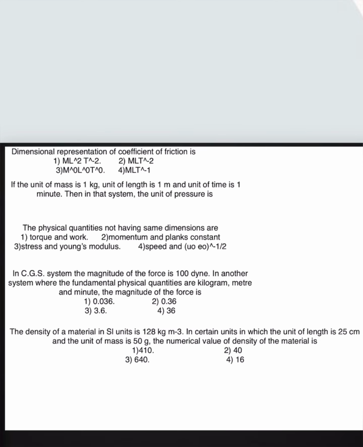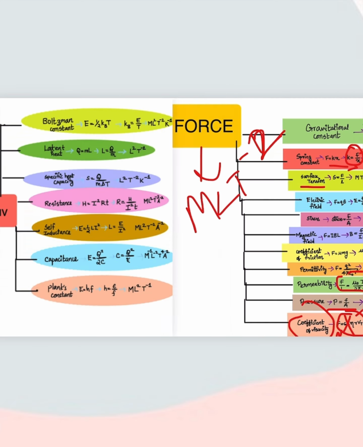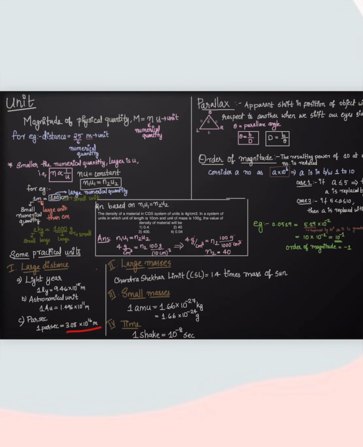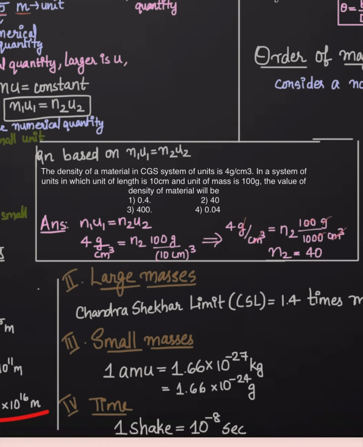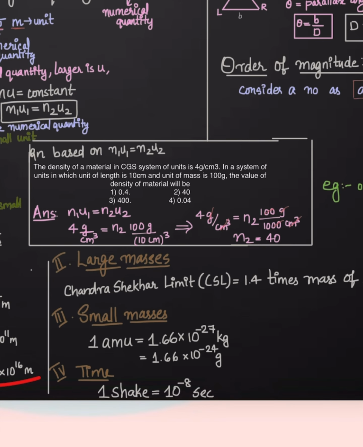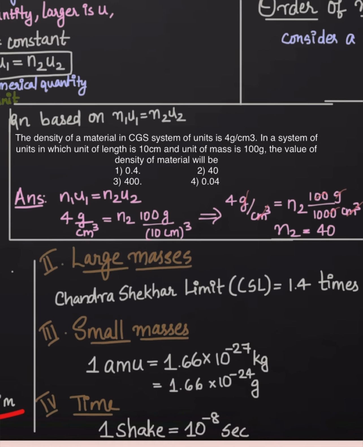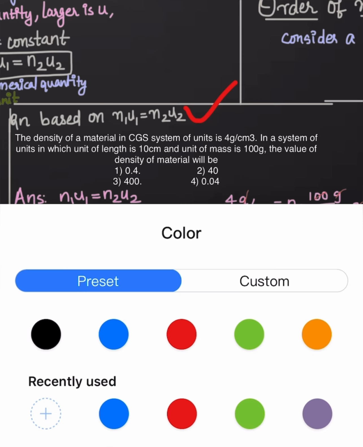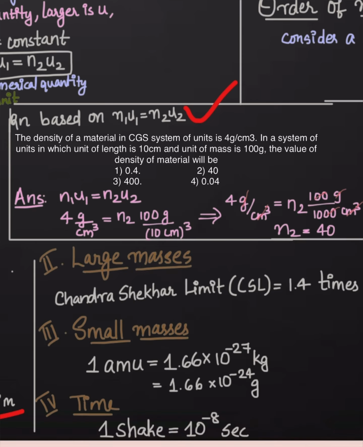And there were some questions we forgot to go over. Question based on n1 u1 is equal to n2 u2. The density of a material in the CGS system of units is 4 gram per centimeter cube. 4 is the n1, that is the numerical quantity, and gram per centimeter cube is the u1, that is the unit.